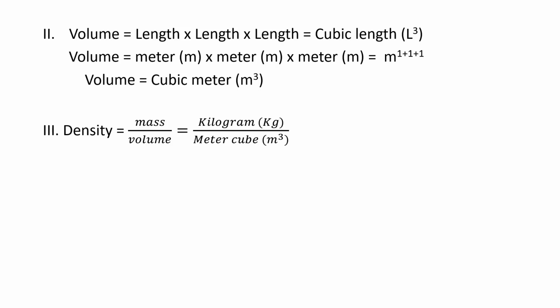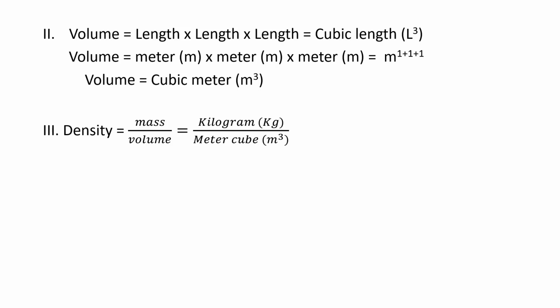Then we have just learned how to find the derived unit for a derived quantity, volume, whose unit is cubic meter, or meter cube, with the symbol m to the power 3.